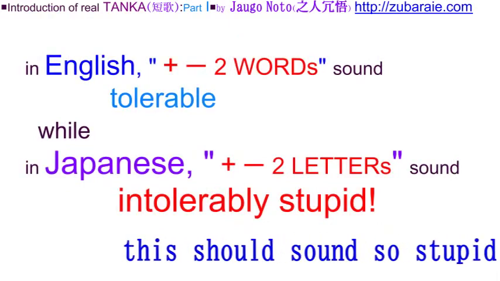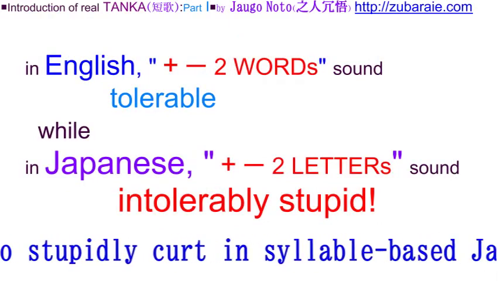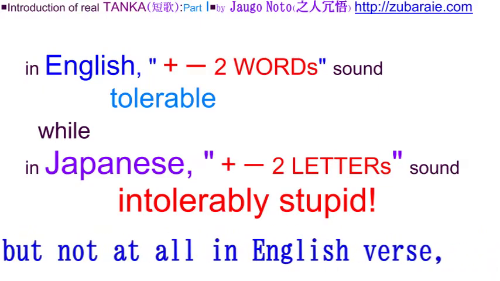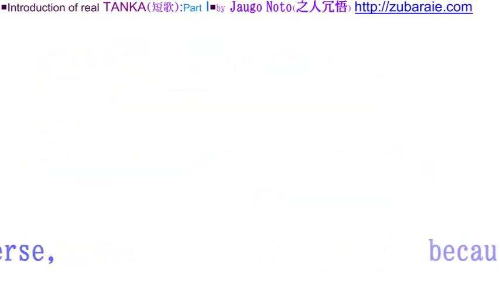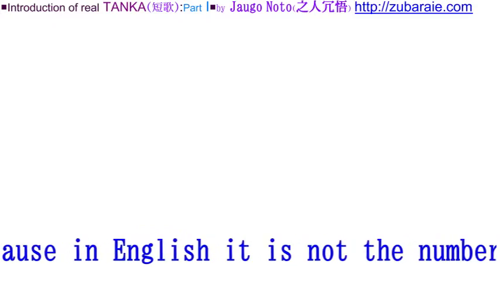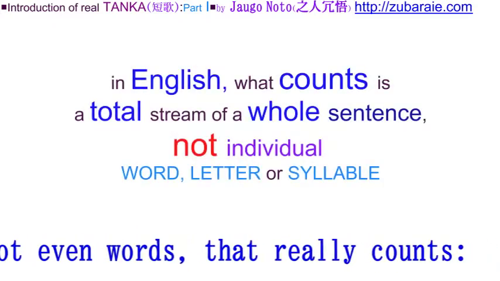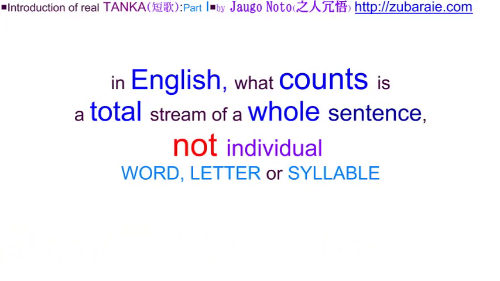This should sound so stupidly curt in syllable-based Japanese tanka, but not at all in English verse, because in English, it is not the number of syllables or letters, and not even words, that really counts.